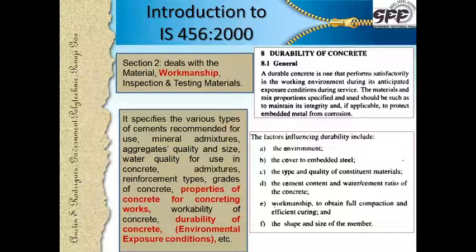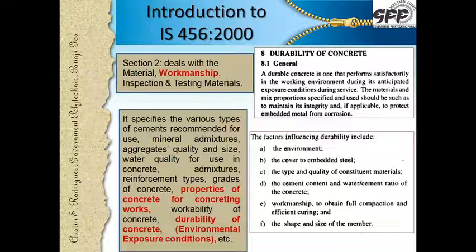Now in durability there are different factors. There are 6 factors which are believed to be affecting durability directly. The first one and the foremost one is the environment. Second one is the cover to the reinforcement, then the type and quality of the constituent materials like cement, aggregate, sand, water, other things.